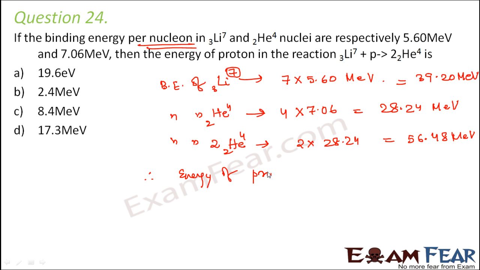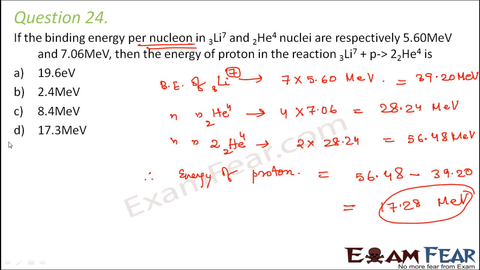Ideally, the energy of proton plus the energy of lithium should be equal to the entire energy of helium, right? So the energy of proton would be 56.48, the total binding energy of these two helium nuclei, minus the binding energy of lithium nucleus, that is 39.20. So this gives 17.28 mega electron volt, and that's option D.